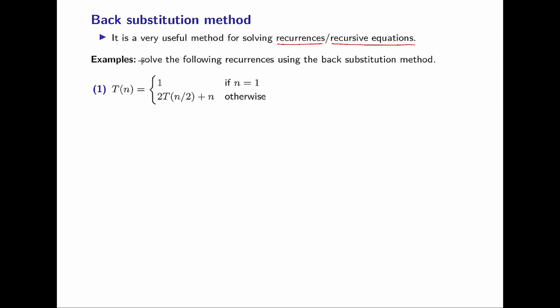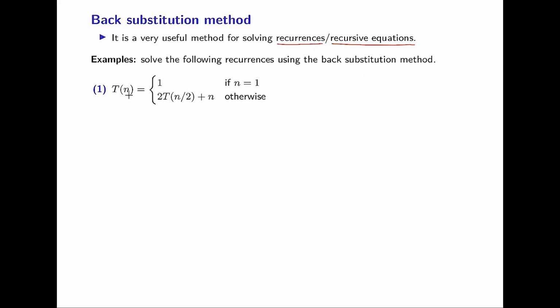Now, for example, here the question is to solve the following recurrences using the back substitution method. Let's say this is question 1. Here we will understand the meaning of recurrence and how we can use back substitution to solve this kind of recurrence.